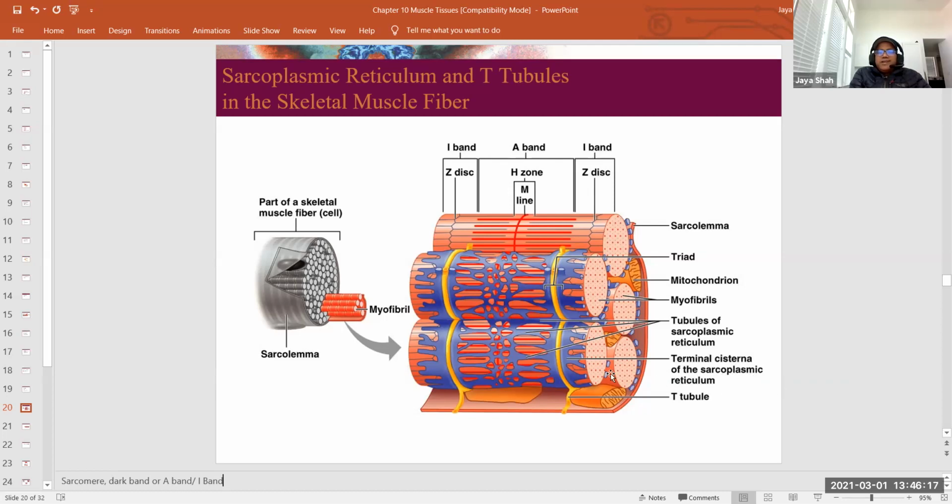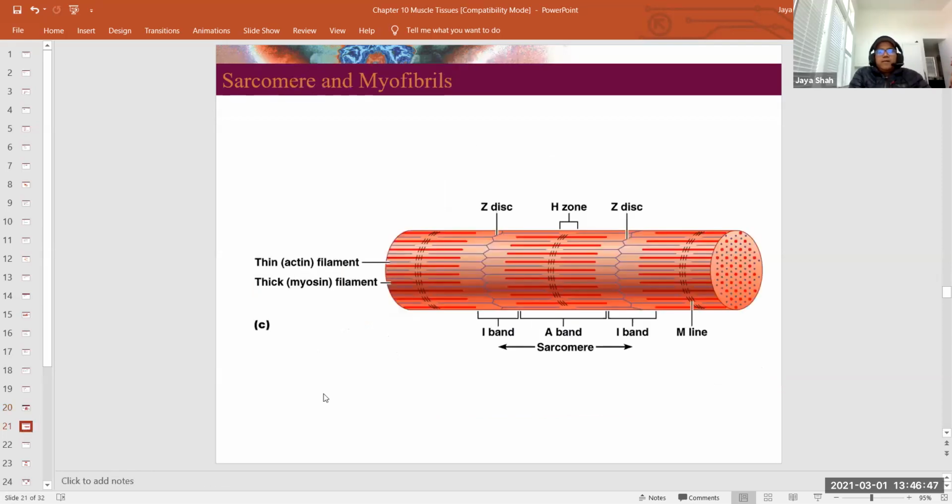These terminal cisternae contain most of the calcium stored here, which is essential for muscle contraction. This structure, two cisternae and a T-tubule together, is called a triad. Okay, so this is the structure of the myofibril.